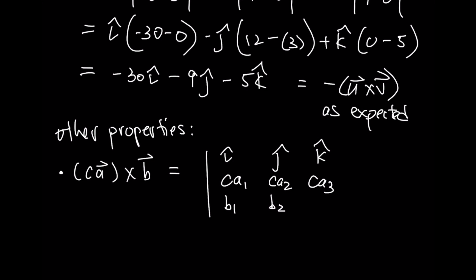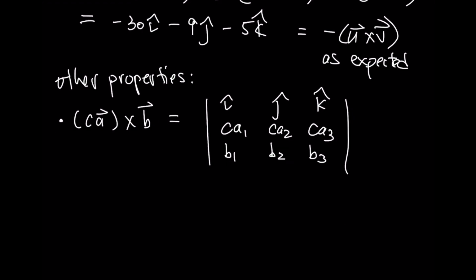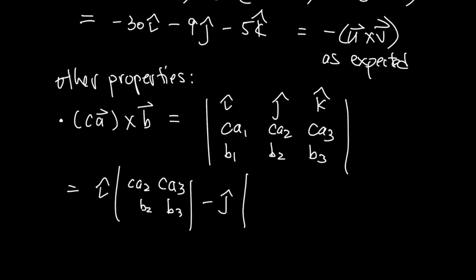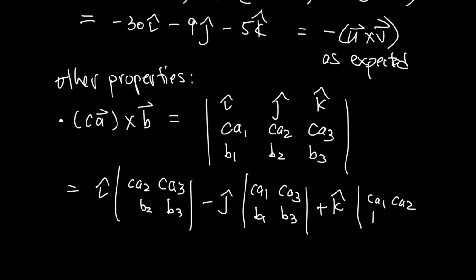Remember, I'm just multiplying one of the vectors. I'm stretching it. If I use my determinant formulation, I'll get cA2, cA3, B2, B3, subtract cA1, cA3, B1, B3, plus k times cA1, cA2, B1, B2.